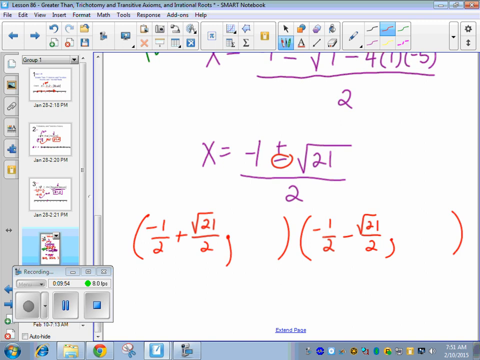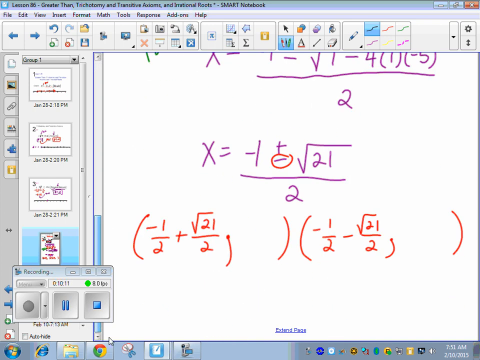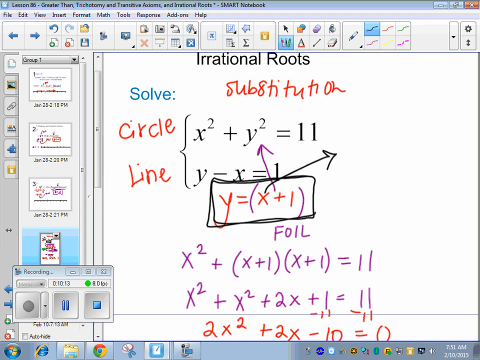Okay, how do we go back and find the y? We have to plug that in. Ugh, right? Okay, so we come back up here where y is by itself. y is equal to x plus 1, right? So x, meaning that really fun thing we just got, negative 1/2 plus the square root of 21 over 2. We're adding 1 to that. Which part does the 1 actually add to?